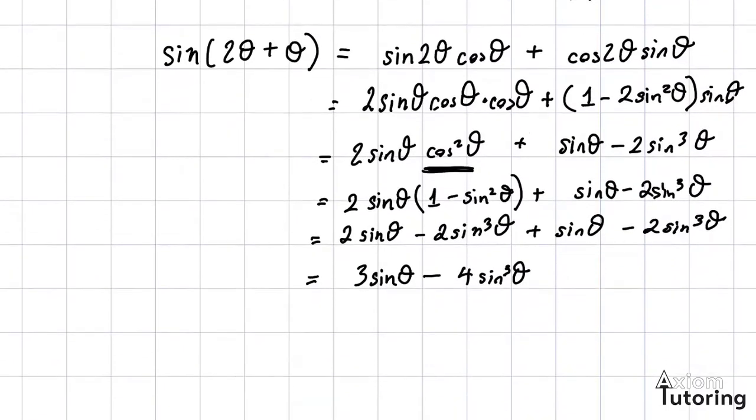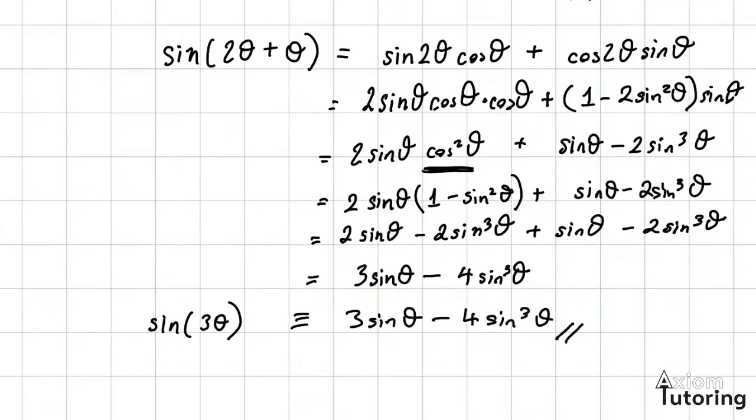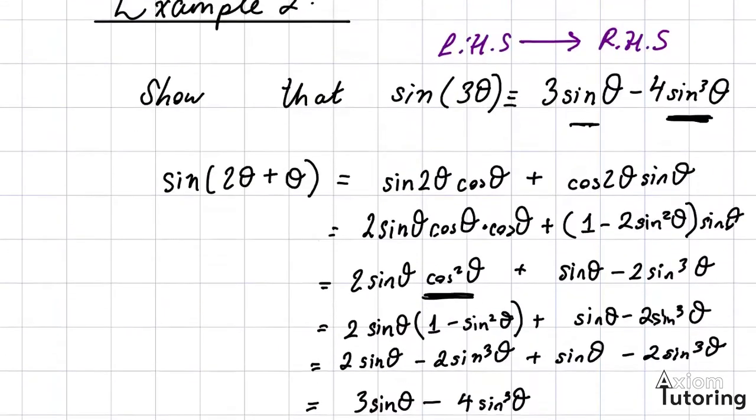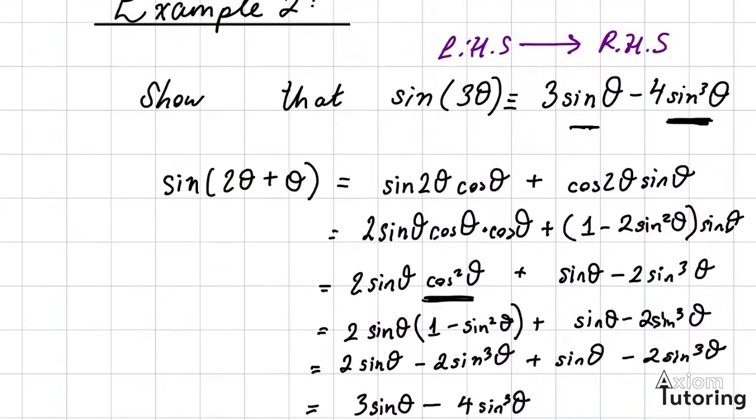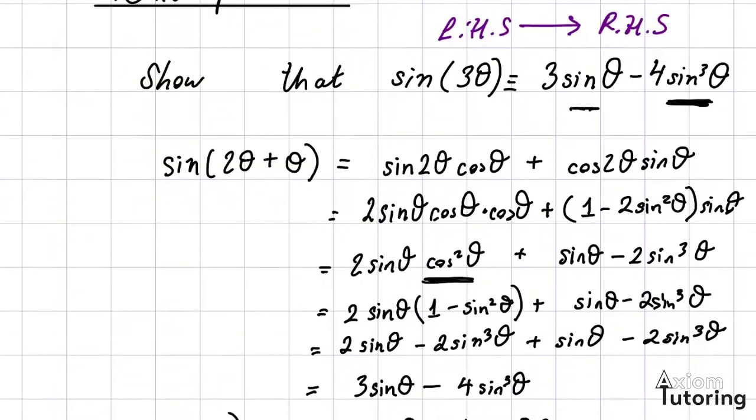So here we can see that sine 3 theta is in fact equivalent to 3 sine theta minus 4 sine cubed theta, because we start on the left-hand side, we rewrite sine of 3 theta into sine of 2 theta plus theta.